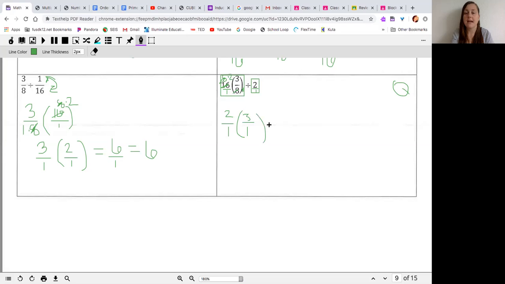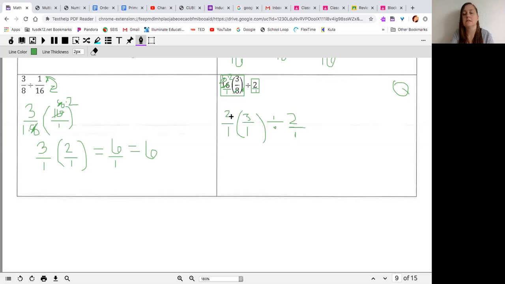And then rewrite everything. When we bring down the problem, we bring down the whole problem. Divided by 2 over 1. So since everything has 1's on the bottom, do I really need them anymore? And the answer is no, I do not need them.